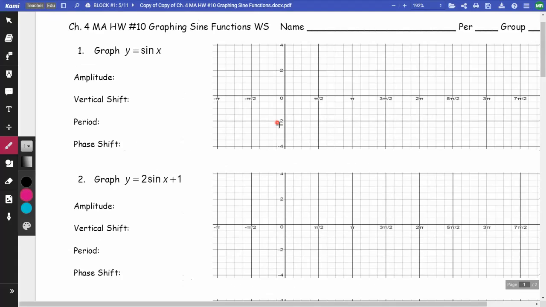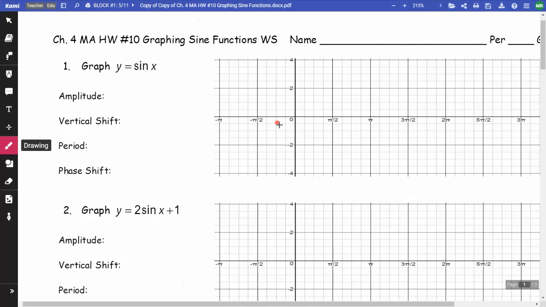So on this first one, this is just my basic sine graph. The amplitude is going to be 1. It's always the number that is in front of your sine, and there's nothing in front of our sine, so my amplitude is 1. My vertical shift is when I have something adding or subtracting here.